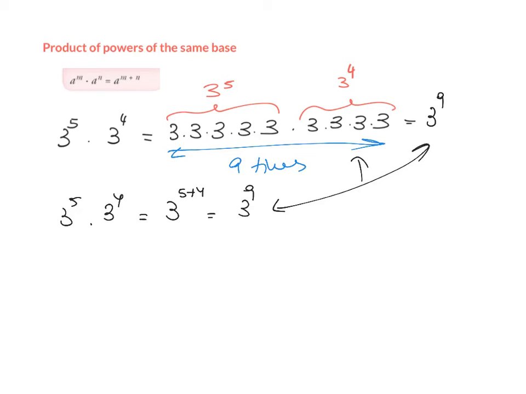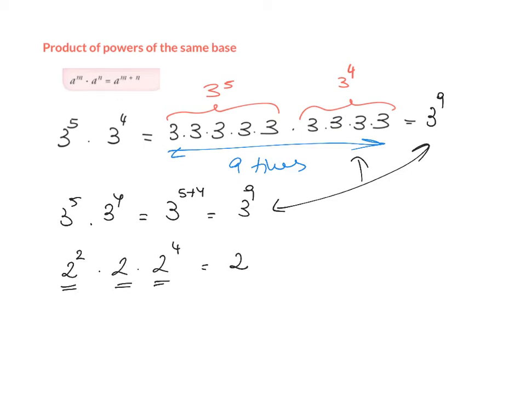For example, let's say 2 to the second times 2 times 2 to the fourth. Okay, here we have 3 powers. Well, it doesn't matter because all of them have the same base. So what we have to do is write the base 2, and now we add all the exponents up.